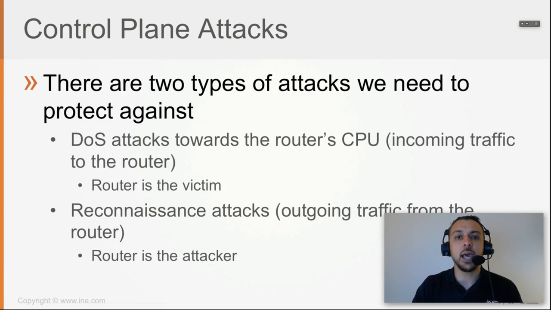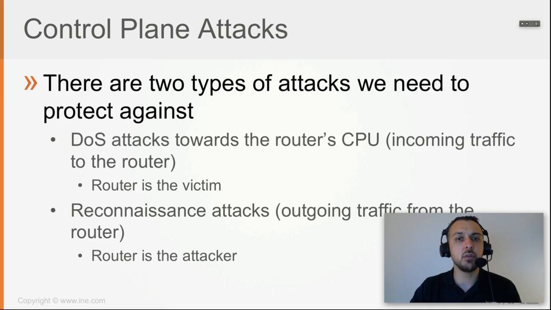As I stated, imagine that a router receives a huge amount of SSH packets or telnet packets, or doesn't matter, some kind of packets destined to the router's control plane, which is going to hit the router's CPU. And if the CPU becomes too busy, that's why it's called a denial of service. If the CPU is too busy to drop those packets, either because it doesn't run those services, or because it runs those services but doesn't accept that traffic from those sources, traffic still hits the router CPU, which means that if somebody sends enough packets at a fast rate, it's going to overwhelm the router CPU.